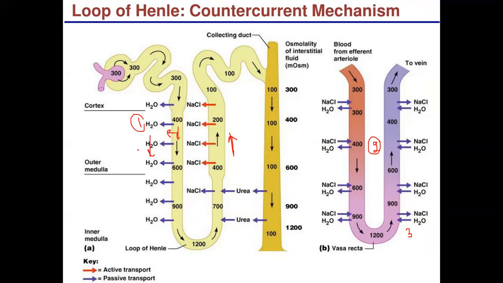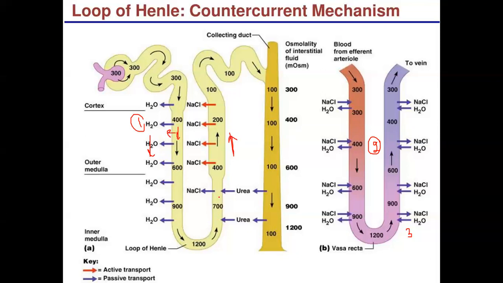When water comes out, the interstitial fluid has more water, but inside the Henle's loop it becomes concentrated because the salts are still there. As it moves down, it becomes hypertonic, then more hypertonic, and at the tip it is most hypertonic. Its osmolarity is 1200 milliosmol, almost 4 times the initial osmolarity.